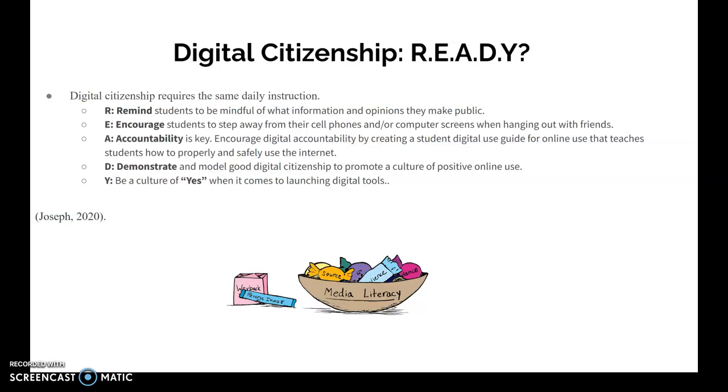Encourage digital accountability by creating a student digital use guide that teaches students how to properly and safely use the internet. D is demonstrate and model good digital citizenship to promote a culture of positive online use. And Y is be a culture of yes when it comes to launching digital tools.